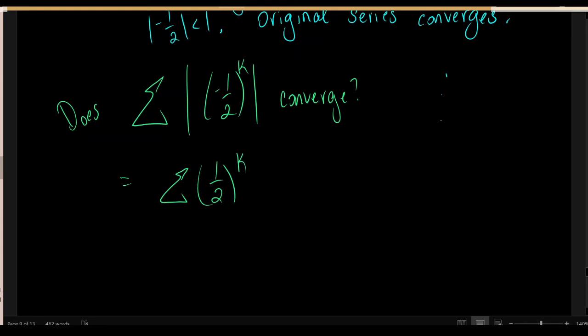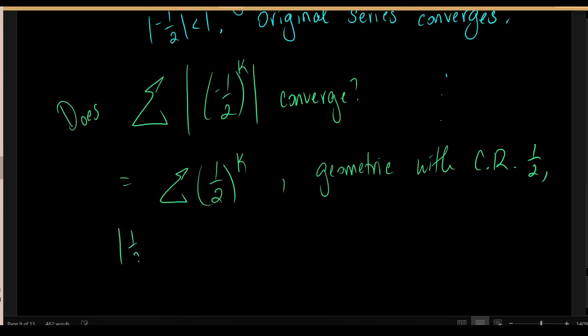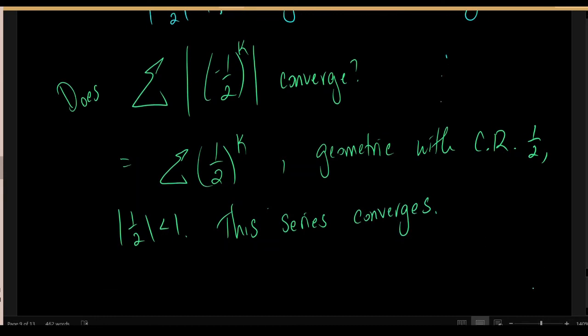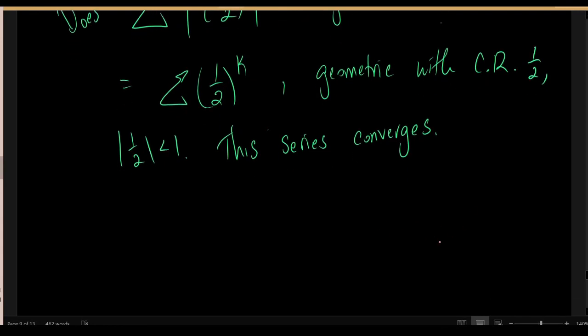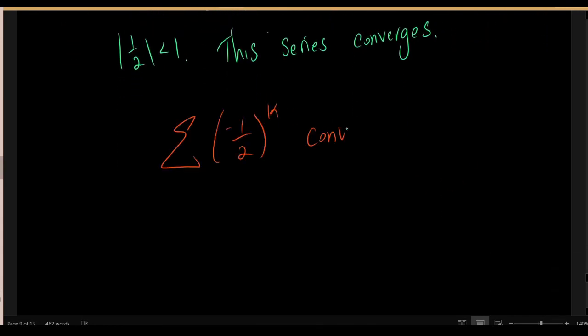But this is still a geometric series, and the common ratio is still less than 1 in magnitude. So the series with the absolute values converges as well. So because the series with the absolute value must converge, we can conclude that our original series converges absolutely.